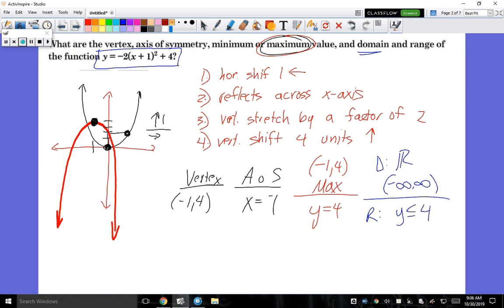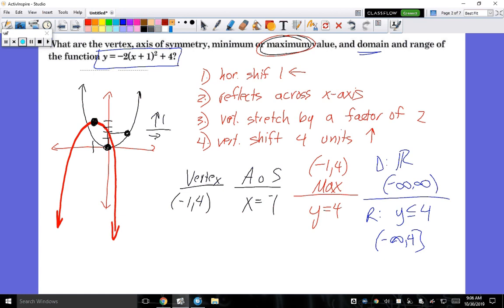Nice. And that same thing, Brittany, but in interval notation. Interval notation would be bracket for no lying. Parentheses negative infinity comma 4 bracket. Perfect. Nicely done. Any questions?